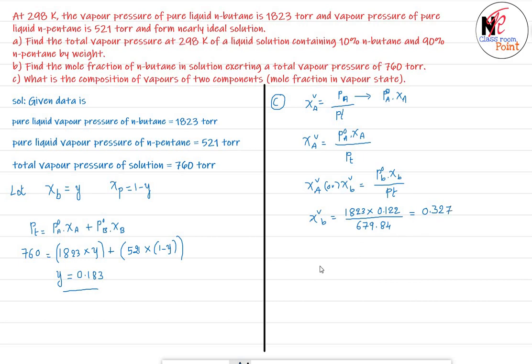Now let's get the mole fraction of pentane in the vapor state. The formula is: mole fraction of pentane in the vapor state equals the pure vapor pressure of pentane into its mole fraction, divided by the total pressure.